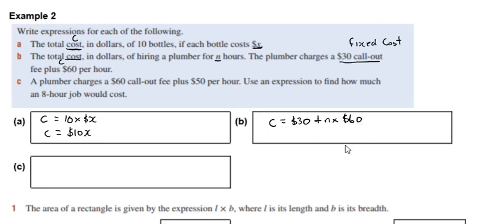Now we're going to simplify that to look like this. The cost will equal $30 up front, fixed fee, flat rate, plus N times 60. We're going to write that as 60N dollars.